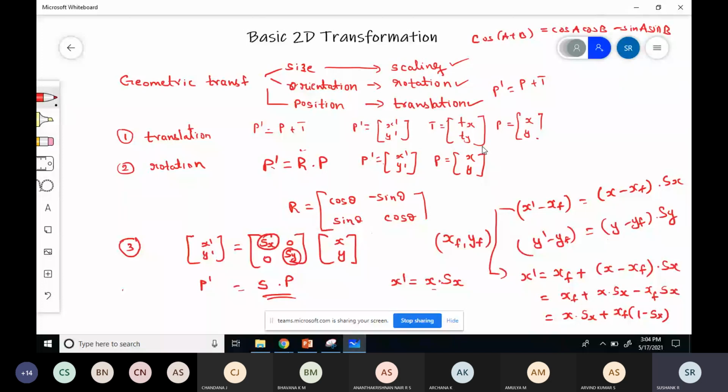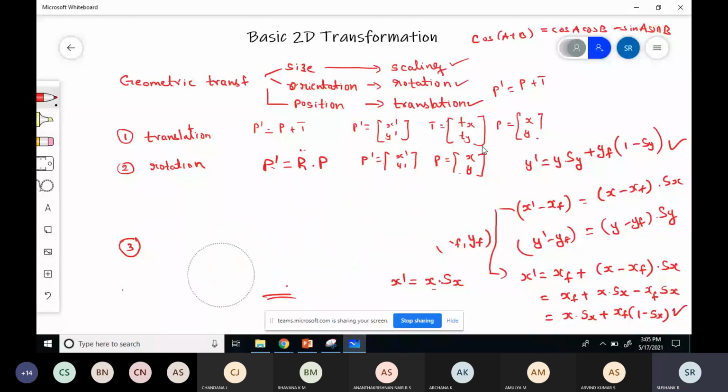Similarly for y, y dash about a fixed position will be y into sy plus yf into 1 minus sy. So this is the general equation. If you want to scale an object about a fixed position, you can use these equations.